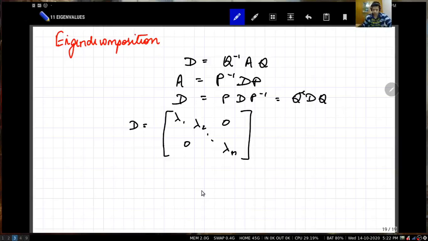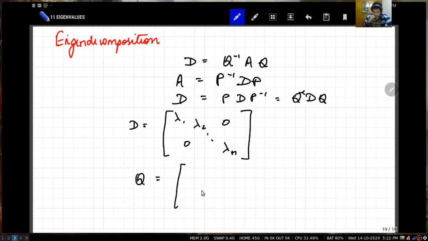Now how do we find Q or P? I claim that I can take Q to be equal to V1, V2, up to Vn, where Vi is the eigenvector corresponding to the eigenvalue lambda i.